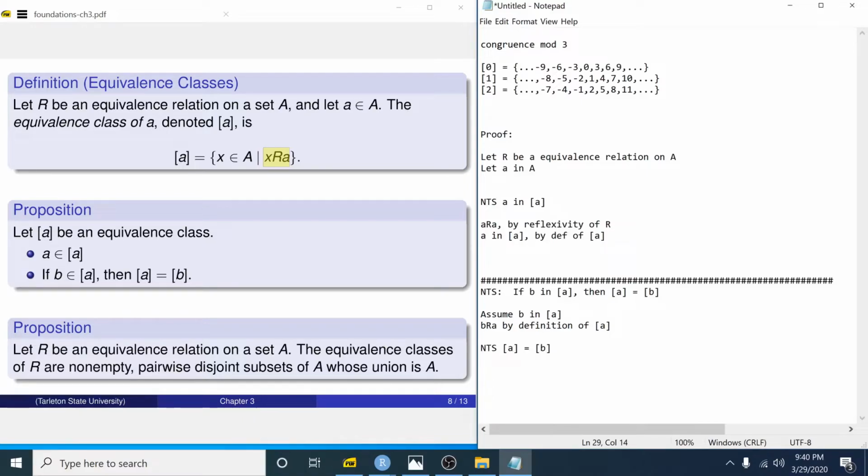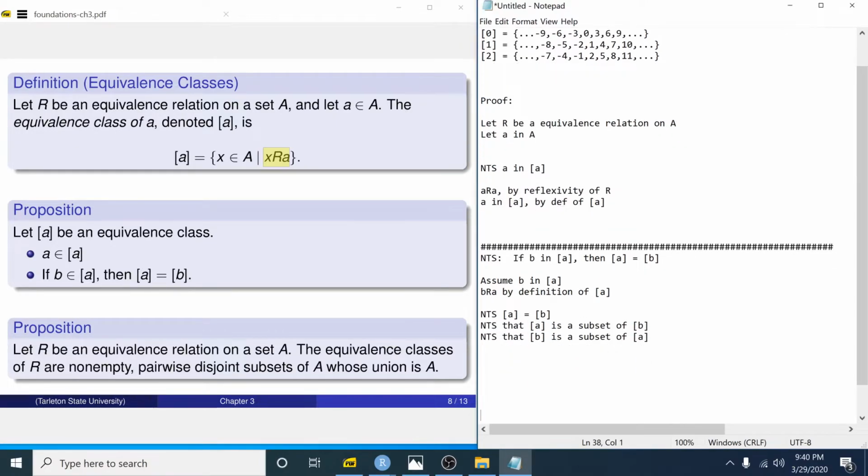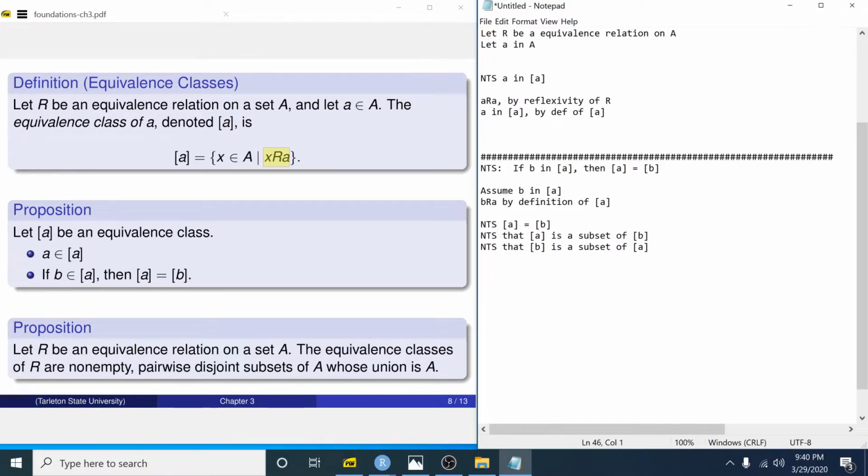And we need to keep in mind that [a] and [b] are sets, right? If we want to show that two sets are equal, we need to show that [a] is a subset of [b], and we need to show that [b] is a subset of [a]. So that's everything we need to do here in order to establish this. All right, so let's go ahead and get started on this.